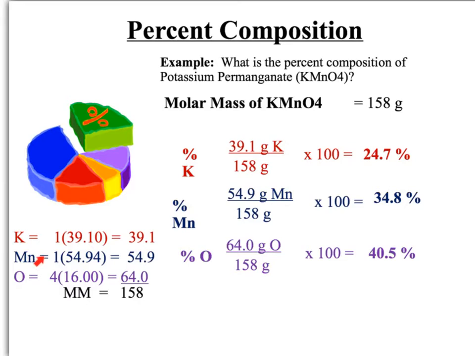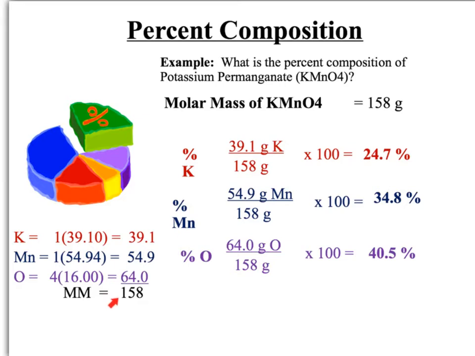So its total mass is 54.9. We have 4 oxygens. Each oxygen weighs 16. So 4 times 16 is 64. We add each of these chemicals up. We get a molar mass of 158.